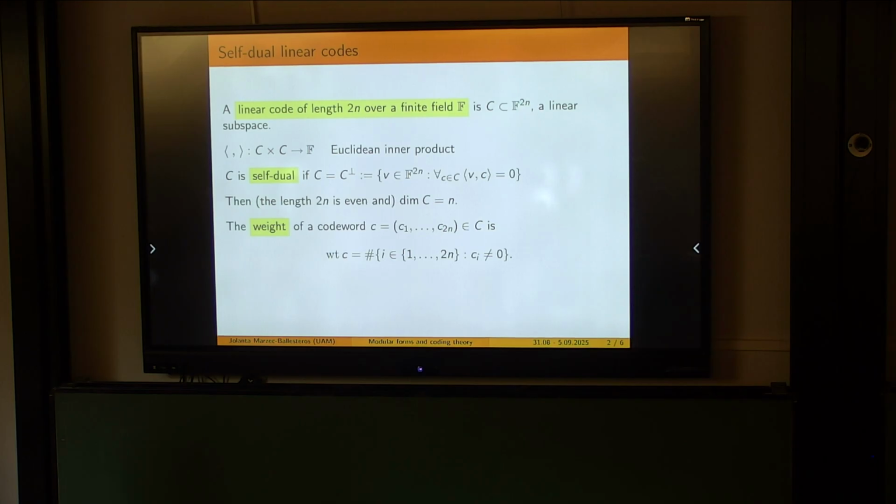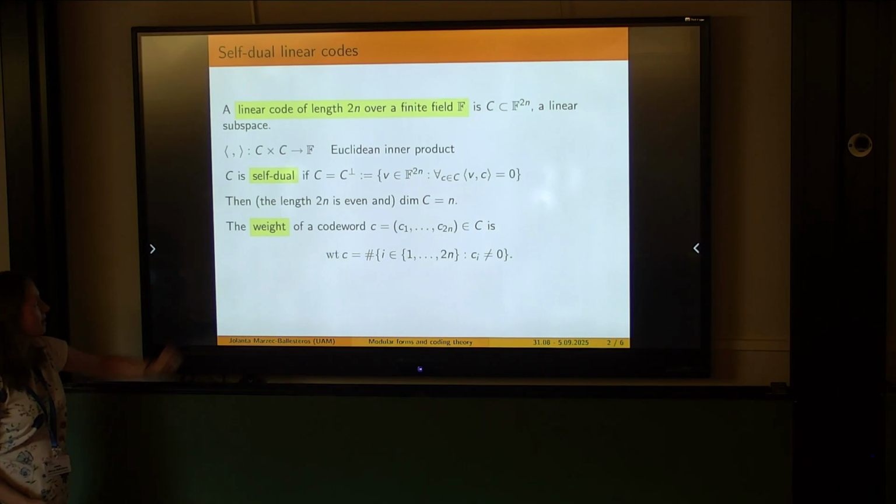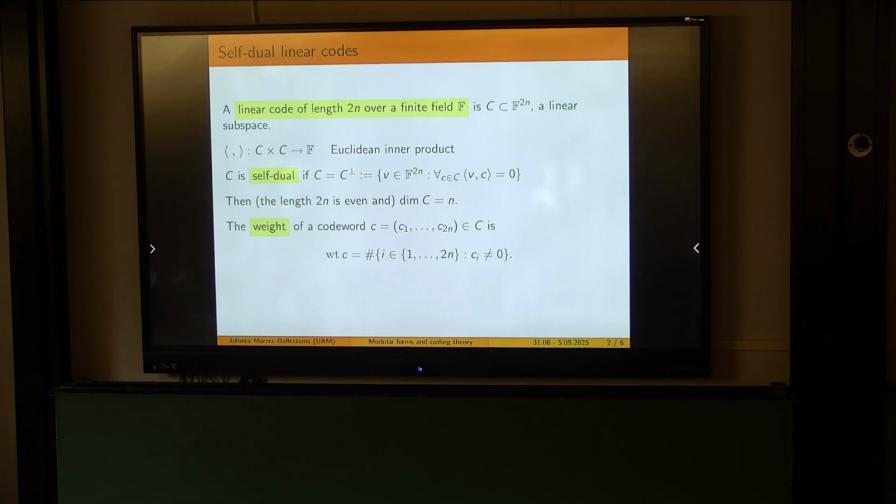Now, an important parameter related to code words, so the elements in this vector space C, is the weight of a code word. So this is just the number of non-zero entries that a given code word has. And then one could look, for example, at the minimal weight within the vector space C, and this would be the Hamming weight, and this is an important invariant of the code.